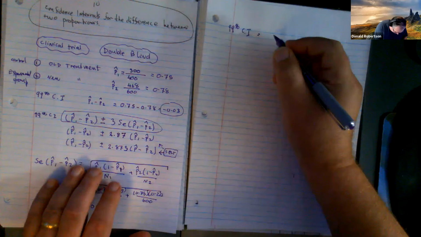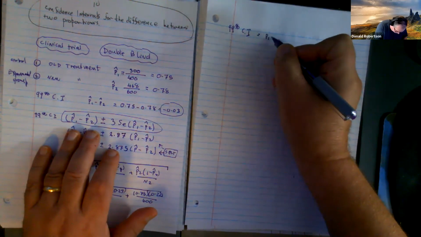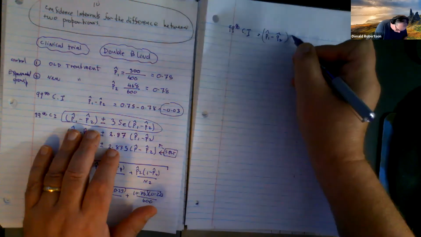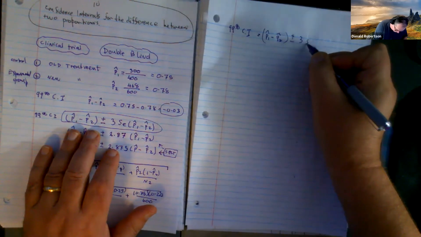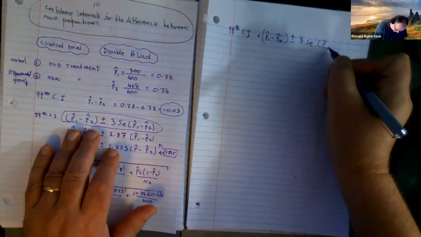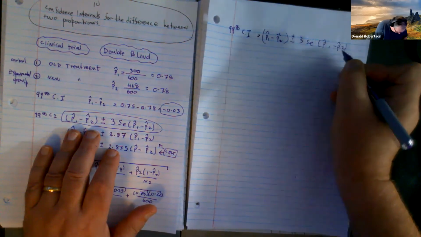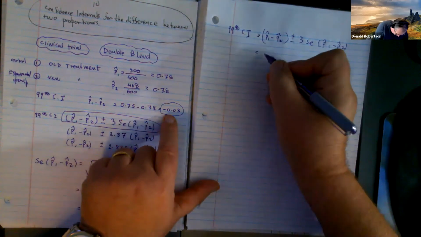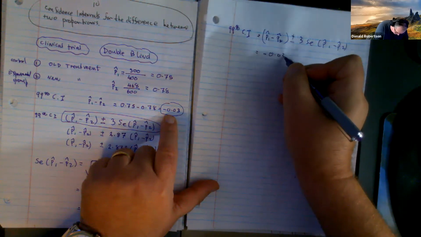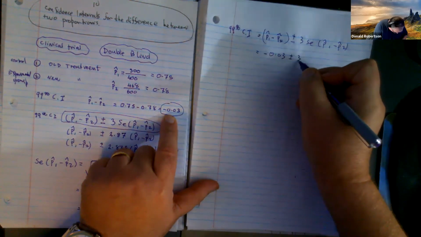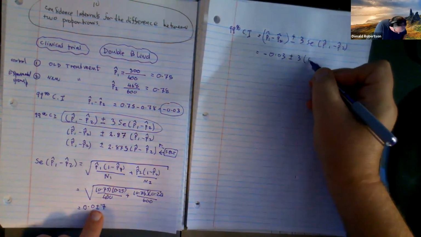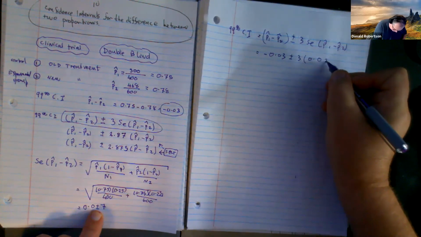It's P1 hat take away P2 hat plus or minus 3 standard errors. And this guy is negative 0.03 plus or minus 3 times 0.027.